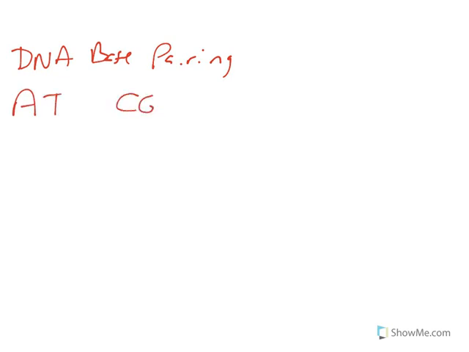Well, AT is adenine and thymine. The DNA strand is a double helix, and it's held together by these base pairs. The adenine thymine is one, and the other one is cytosine guanine. But we're just going to look at the AT for an example. The GC works the same way.